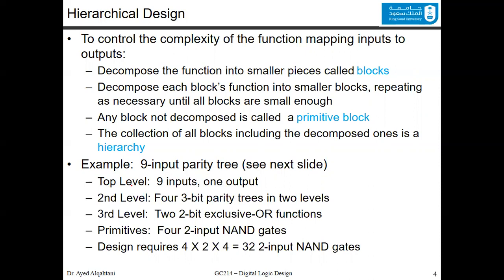At the top level, we will see that it has 9 inputs and 1 output. And then we will try to break it down in the second level, the third level, up to the primitives. And we will find out at the end that we need 32 2-input NAND gates.